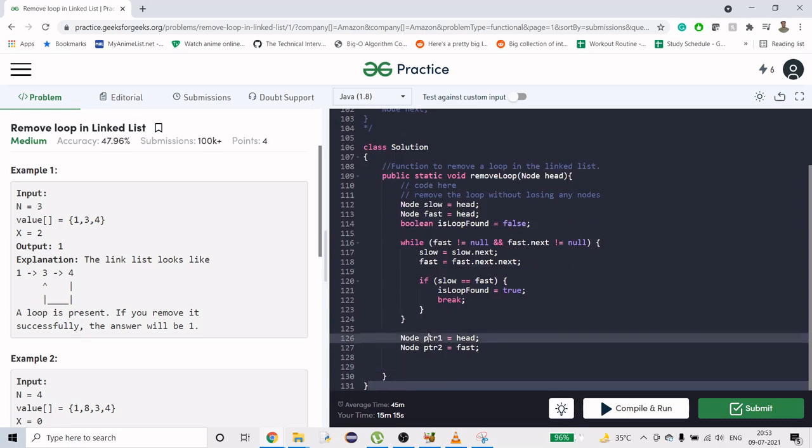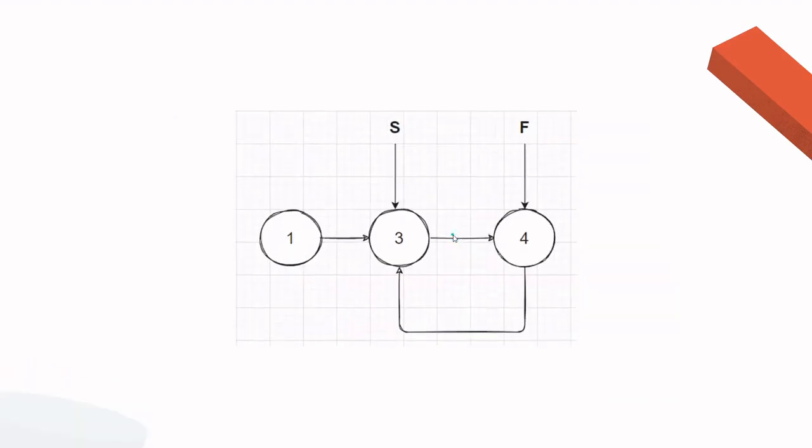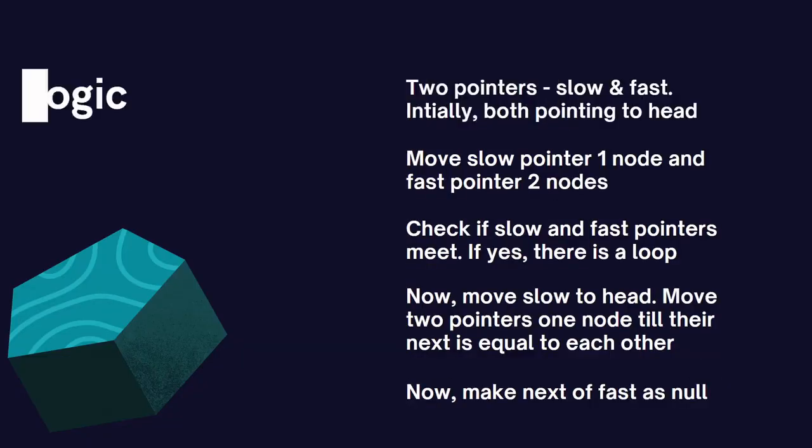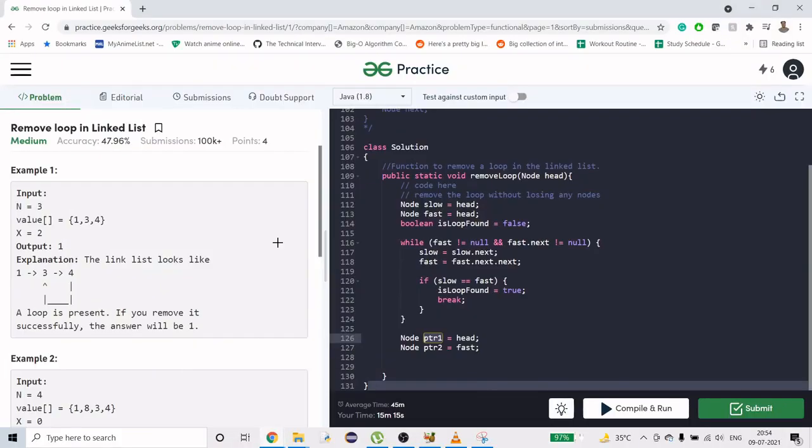So pointer 1, which is slow, is pointing to head, as we demonstrated in the example here. So we moved slow here to the head, and that's what we did.